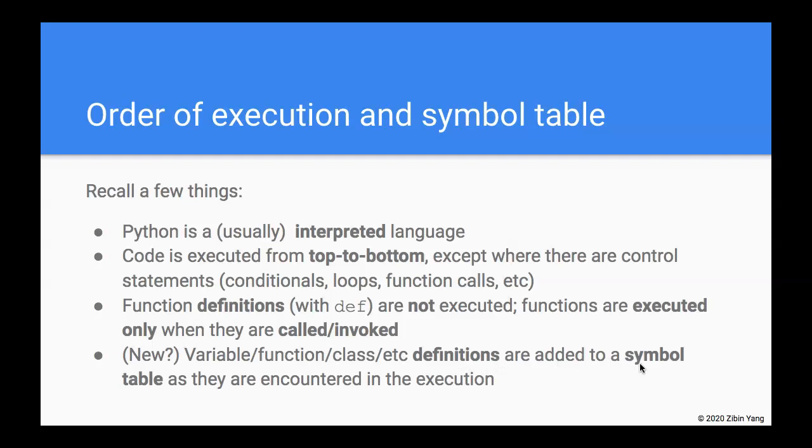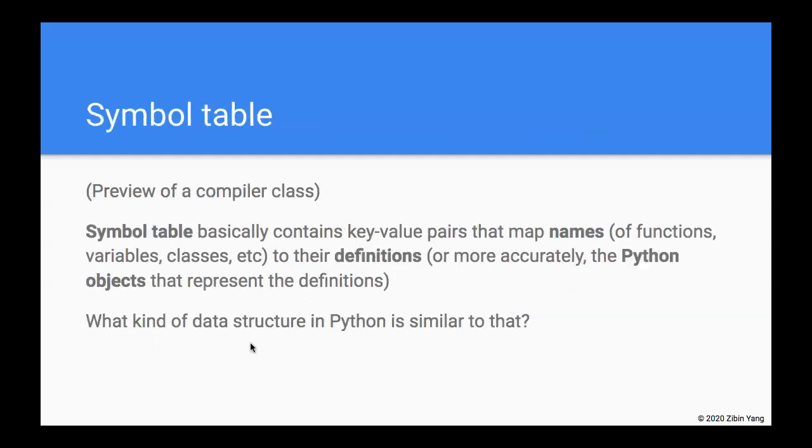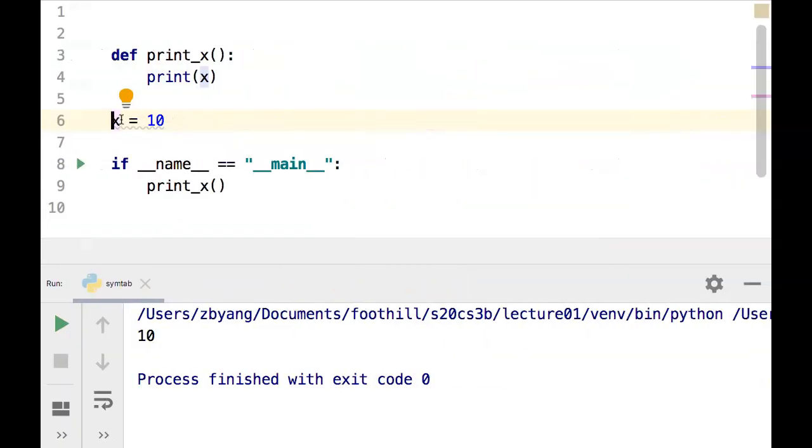Let's see what a symbol table is. It basically contains key-value pairs that map a name to a definition. By name, I mean, for example, for this variable, the name is x, and the value for x is 10. So the symbol table maps the name x to the value 10.